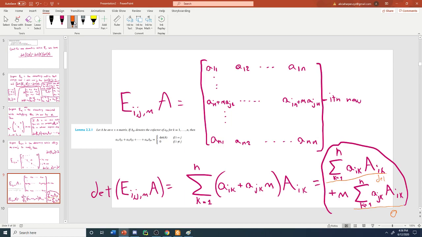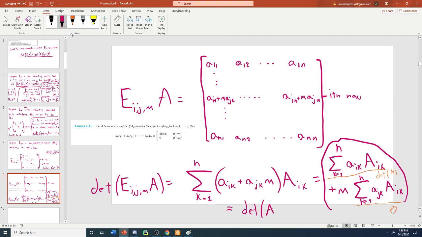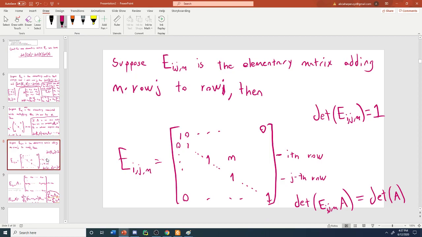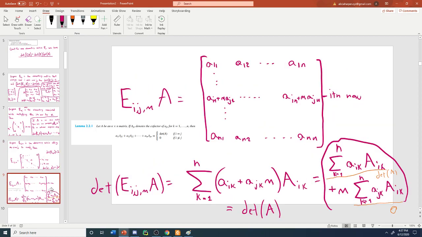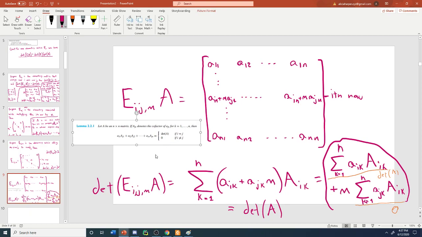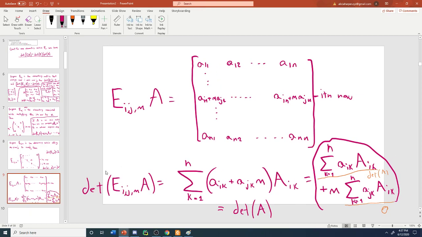So this is det A, and this is 0. So we're able to conclude from this that this is equal to this. And that proves exactly what we wanted, because we know that the determinant of this matrix is equal to 1.